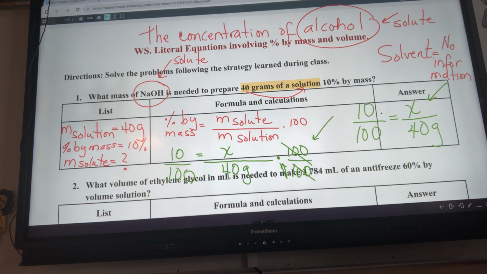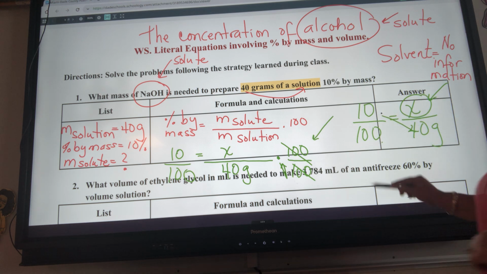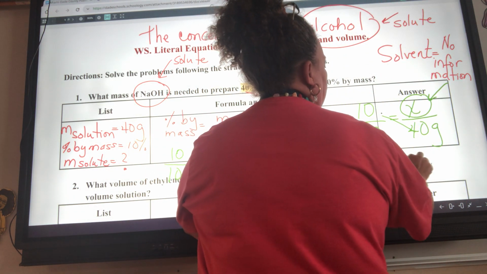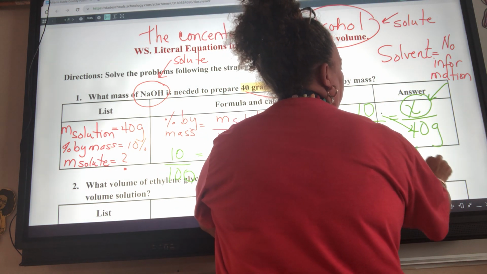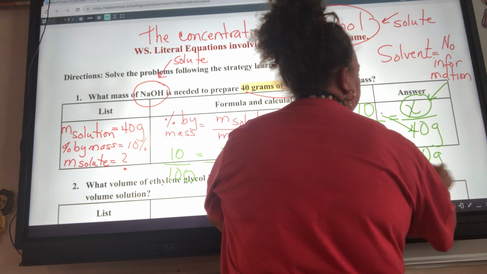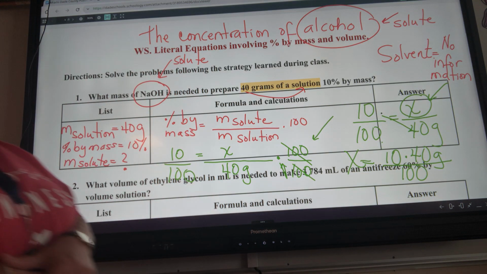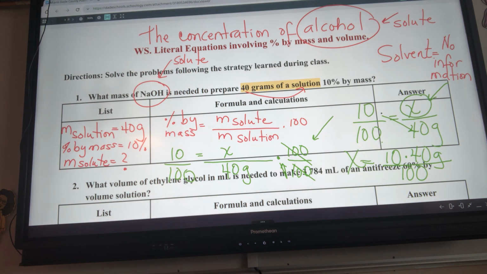This is a proportion, and you're solving for x. You are cross multiplying, and then you're dividing for this one. So x is going to be equal to 10 multiplied by 40 grams, divided by 100. Do you know how to solve that operation? You have 10 multiplied by 40.